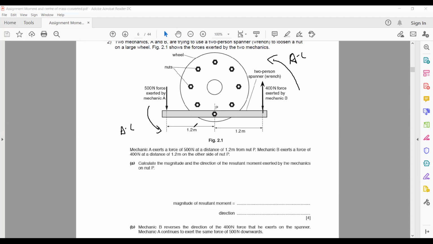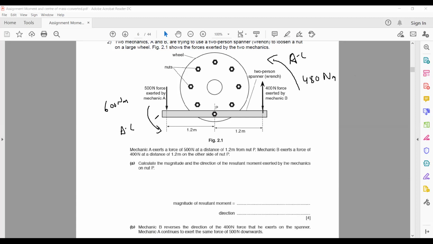So this is 500 multiplied by 1.2, which equals 600 Newton meter, and 400 multiplied by 1.2, which is 480 Newton meter. But as the direction of the force is reversed, the direction of the moment is also reversed. So both moments are now anti-clockwise.